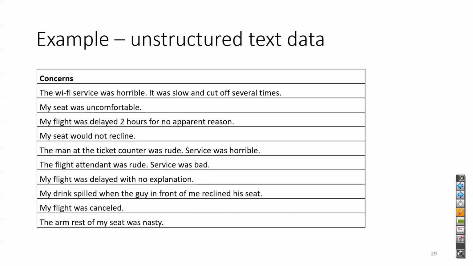We may have customers' comments on the internet, and each comment will be considered as one observation. We call this unstructured because sometimes it is longer, sometimes it is shorter, and each will use different words.